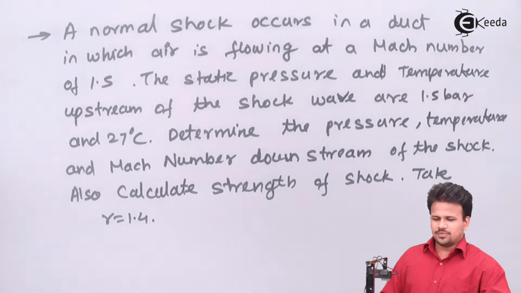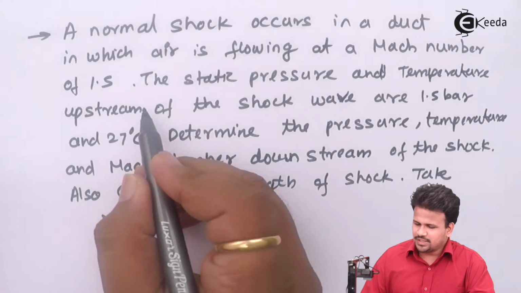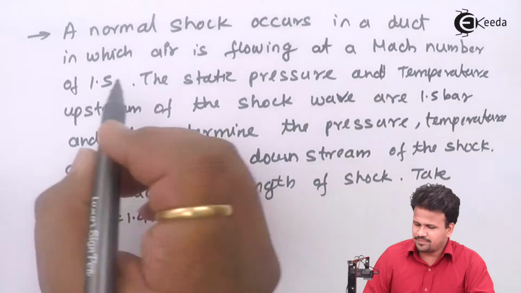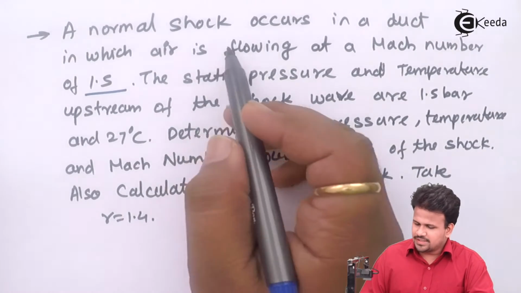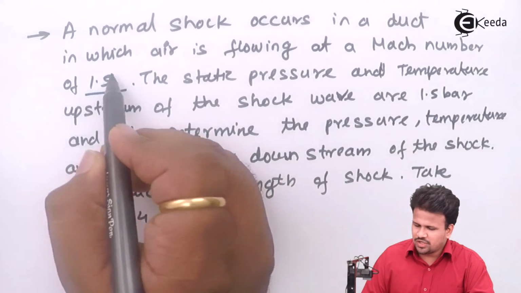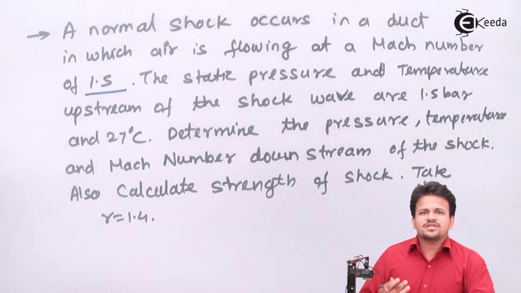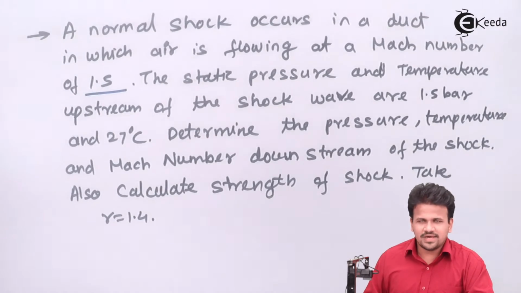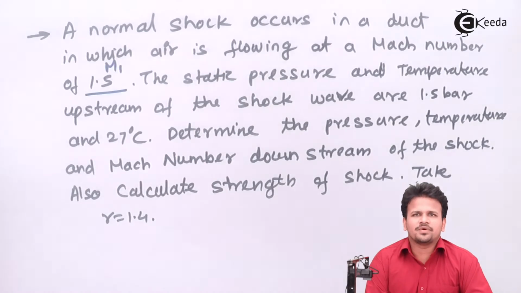So we have a problem which states that a normal shock occurs in a duct in which the air is flowing with a Mach number of 1.5. That means the fluid flowing inside the duct has Mach number 1.5, so M1 is equal to 1.5.